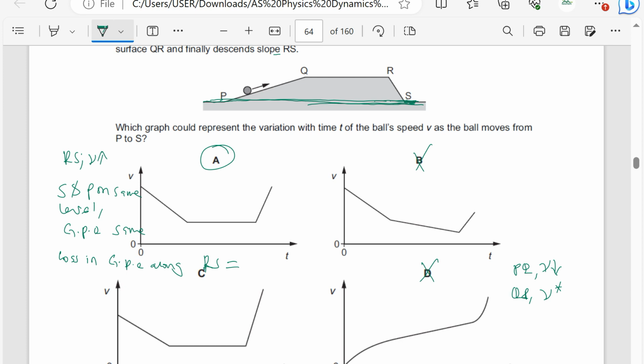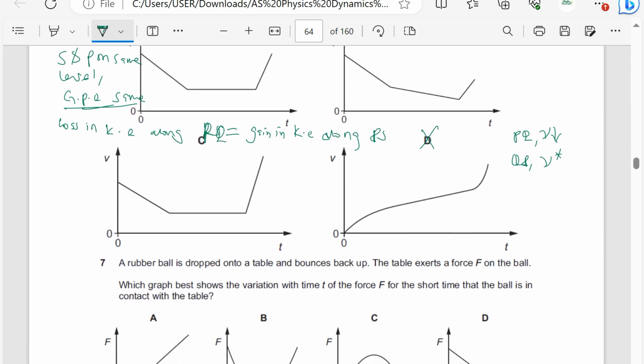Since the gravitational potential energy along PQ and RS is the same, the loss in KE along PQ is equal to the gain in KE along RS. So the final speed must be the same. So the answer is A, not C.